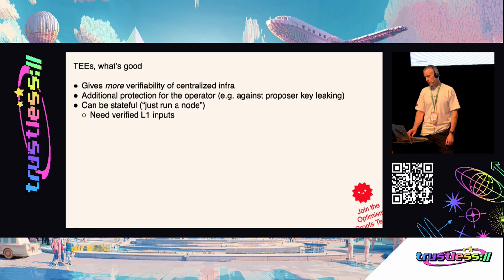And one other thing about it is that you can actually use your TEE in a stateful way. Nobody actually does this right now, and most people don't like the idea, but it is just something to think about. You can just run a node inside a TEE and have a smaller diff between, okay, so your node is the source of truth.